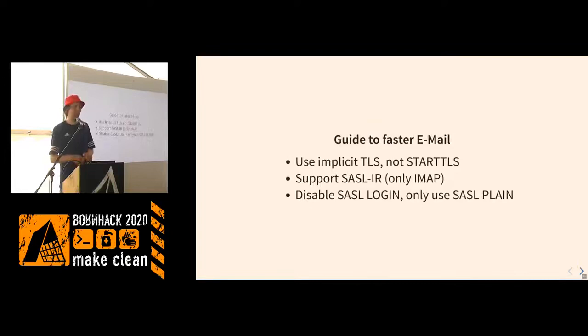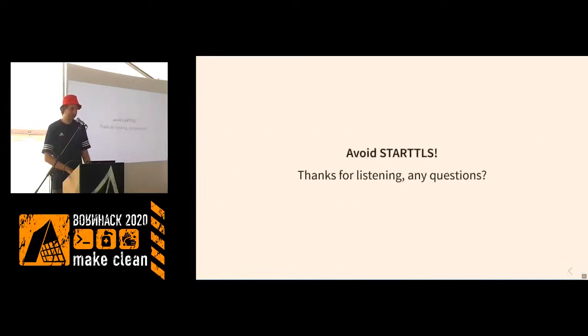So if you want slightly faster email connections, use implicit TLS and not StarTLS, support the SASL-IR mechanism in IMAP, and disable the LOGIN method and only support the PLAIN method, because that's fewer round trips. Yeah, that was my talk. I'm open for questions.